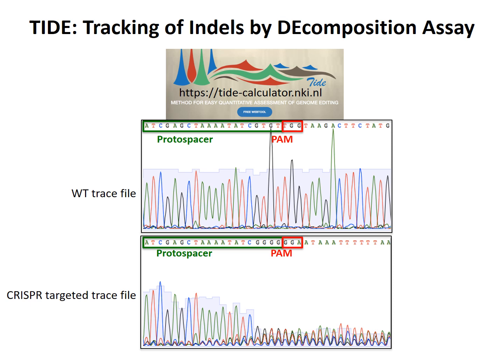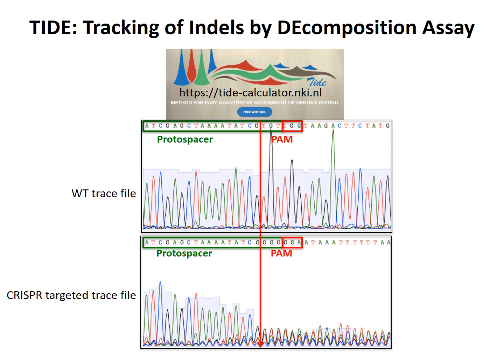So TIDE analysis, again, as Branden illustrated earlier, you have a wild-type trace file, and this is the protospacer guide RNA sequence for this particular trace file, with the PAM site shown here in red. And the CRISPR is going to cut here, 3 base pairs upstream of the PAM site.